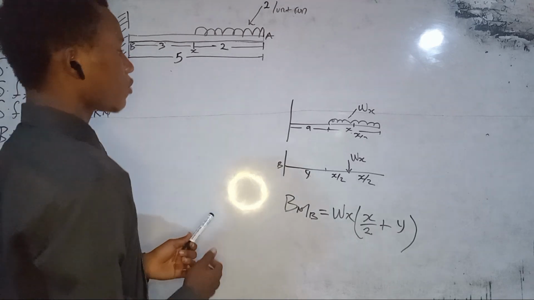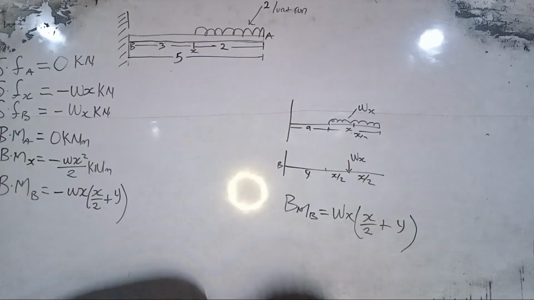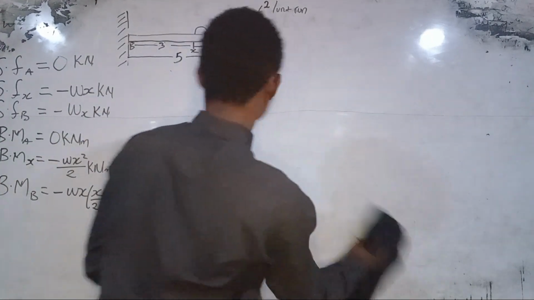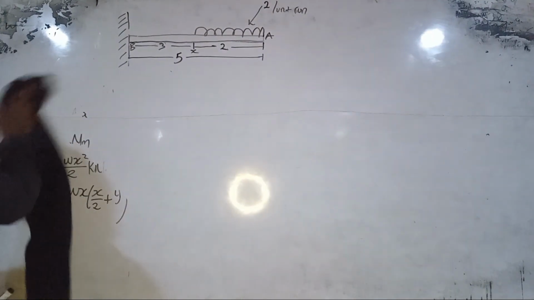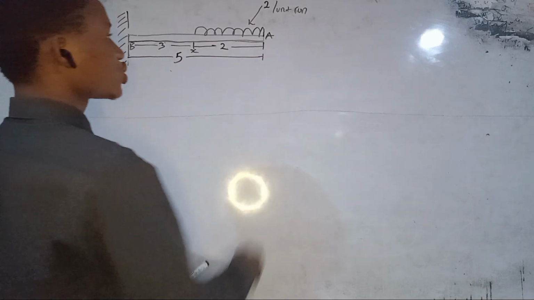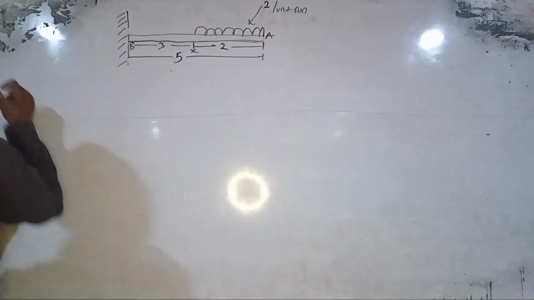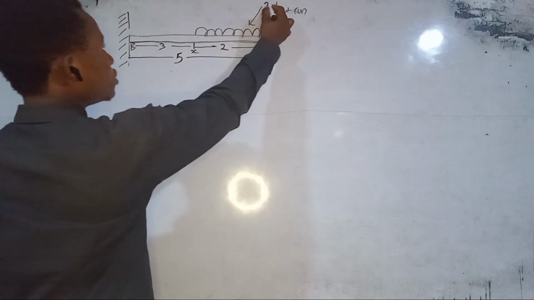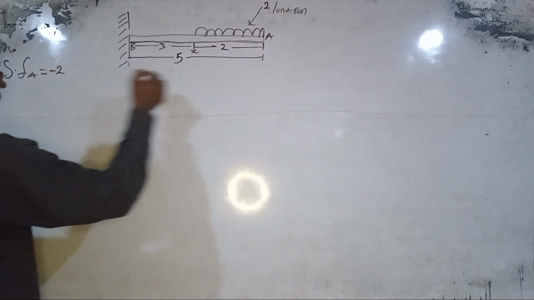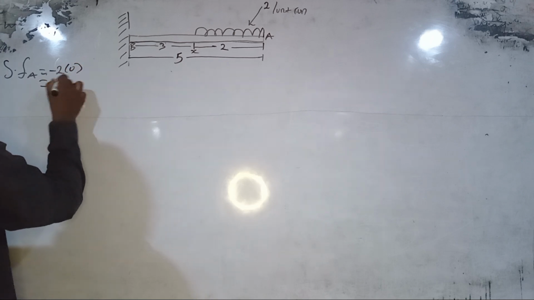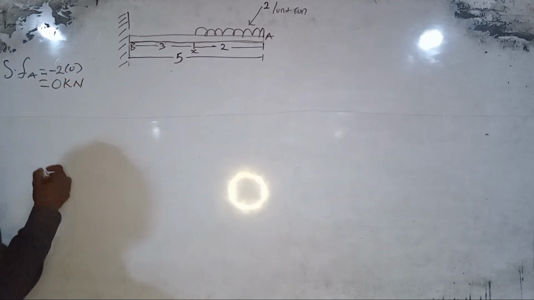If we are to find our shearing force at point A here, our shearing force at A will be equals to minus 2 times the distance from here to here, which is 0. It will eventually give us 0 kilonewton.